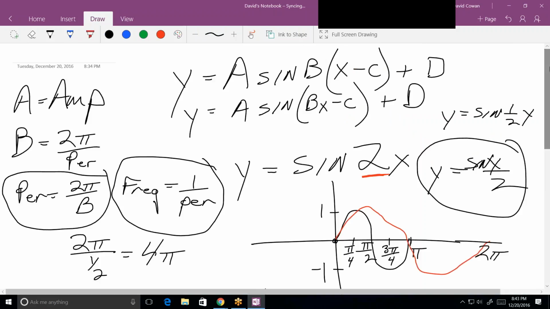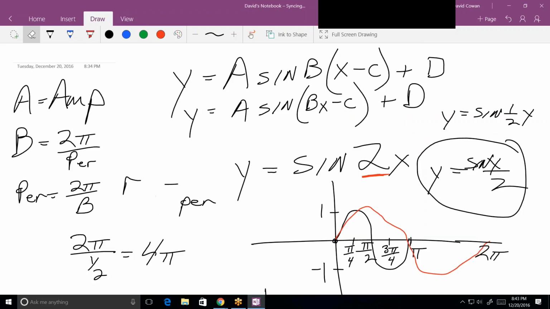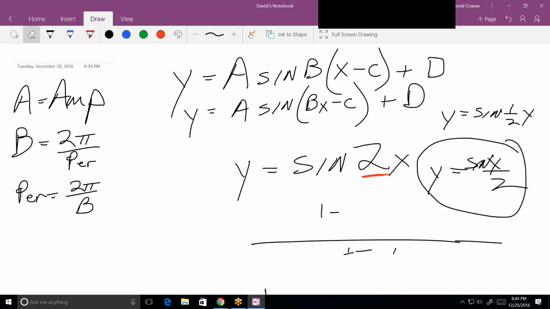Let's talk about C. First of all, I don't want to erase any of this. I'm going to get rid of frequency because that just adds to the confusion at this point and does not really enlighten us, as long as you always remember that frequency is 1 over period.